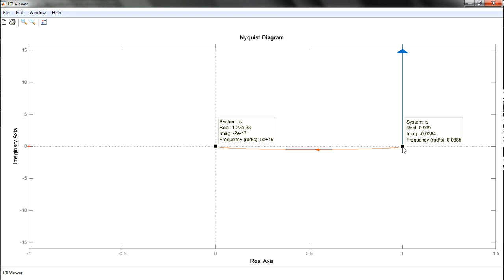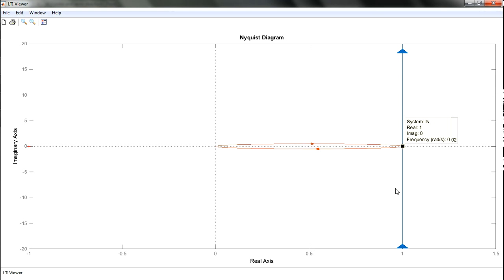For the zero, as the frequency increases from 0, it will go to the infinity line. This is only if you are varying the frequency from 0 to infinity. If I include the negative zone, as you can see, you have a reflection. So this is the Nyquist plot for a pole, and this line is the Nyquist plot for a zero.